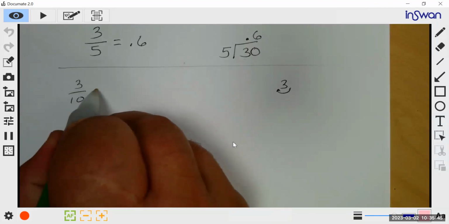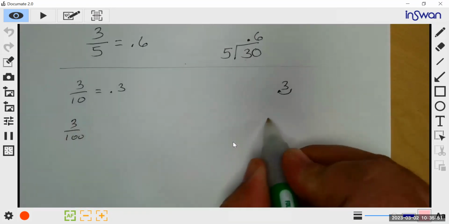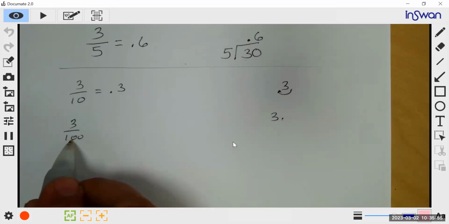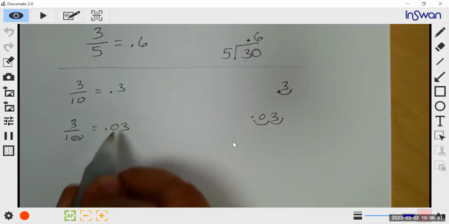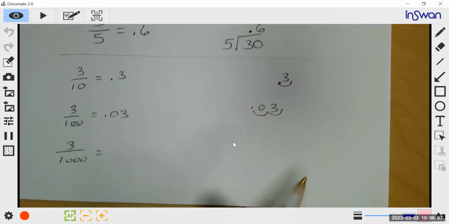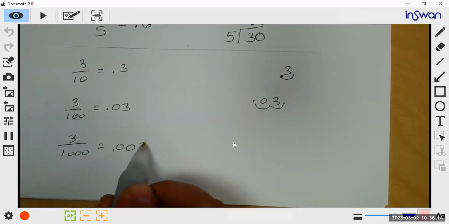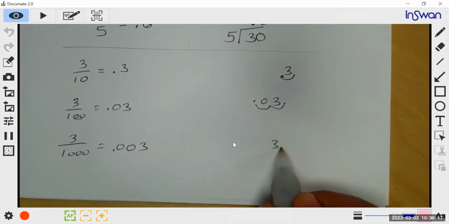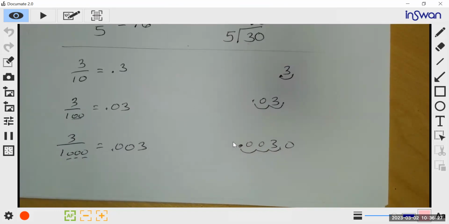So 3 divided by 10 is 0.3. 3 divided by 100: 100 has 2 zeros, so it's 0.03. 3 over 1,000 would be 0.003, because we start off at 3.0 and move it 3 spaces, so we have 2 zeros in front of it.